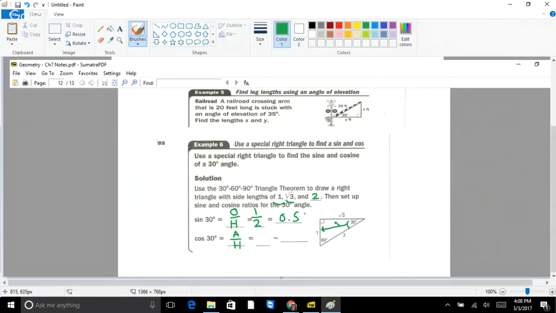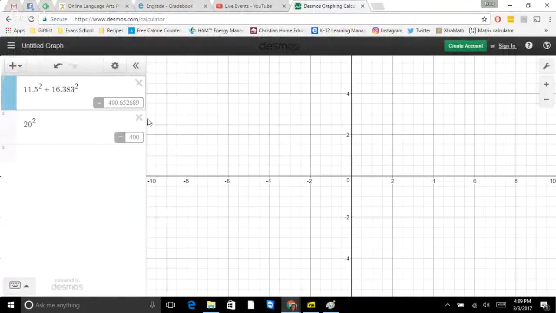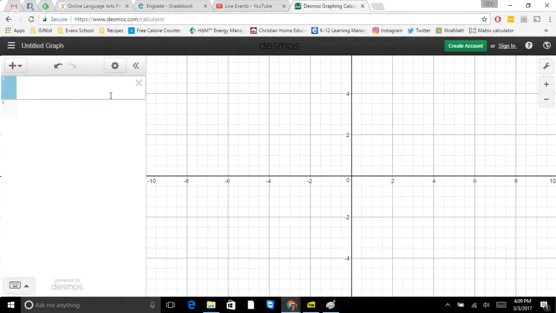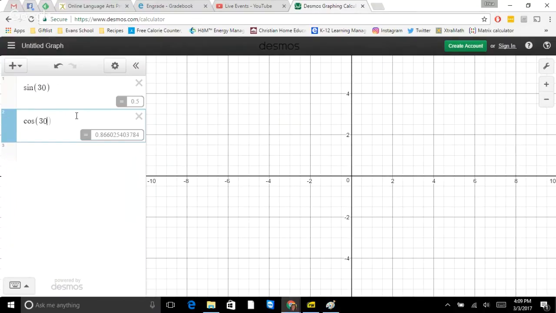The adjacent side is square root of 3 over 2, which is about 0.866 if you do square root of 3 over 2. So then if we go to our calculator tool, sine of 30 degrees is always 0.5, and the cosine of 30 degrees is always going to be 0.866.